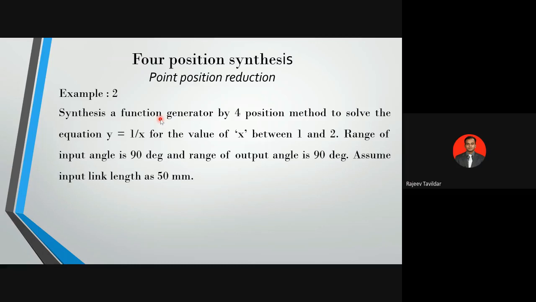And the value of small n will be equal to 4 because it is a 4 position method. Done noting down the problem?